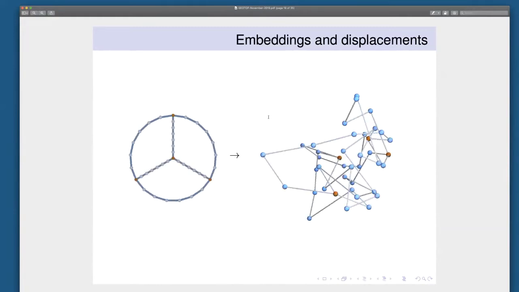And here, for this complete graph on 4 vertices, you get an interesting new embedding where I've indicated the vertices of degree 3 by coloring them orange. You can see that they do indeed have 3 edges coming into them.